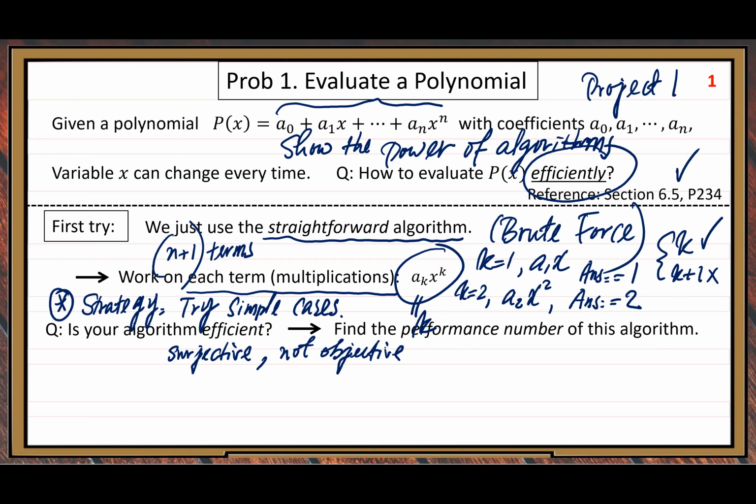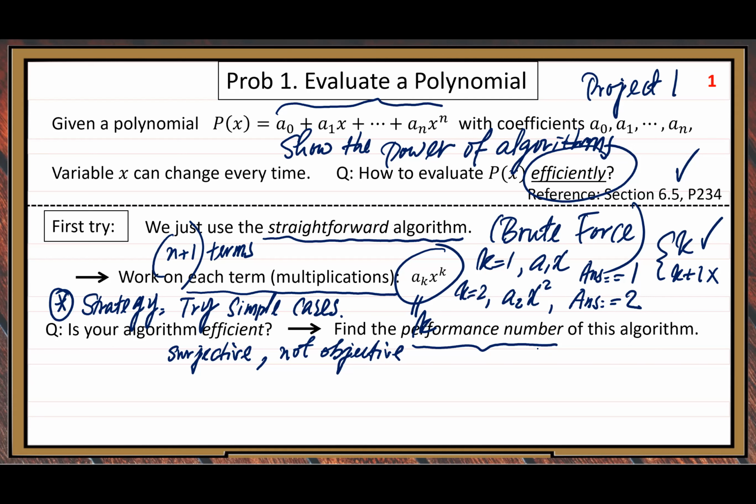We may like to have an objective answer for the efficiency. So we need some objective way to describe the algorithm efficiency. Here I put some performance number. If we can use some concrete number to describe algorithm efficiency, then we can say it's objective, because for different people, if we use the same number to describe the algorithm efficiency, that's the same.